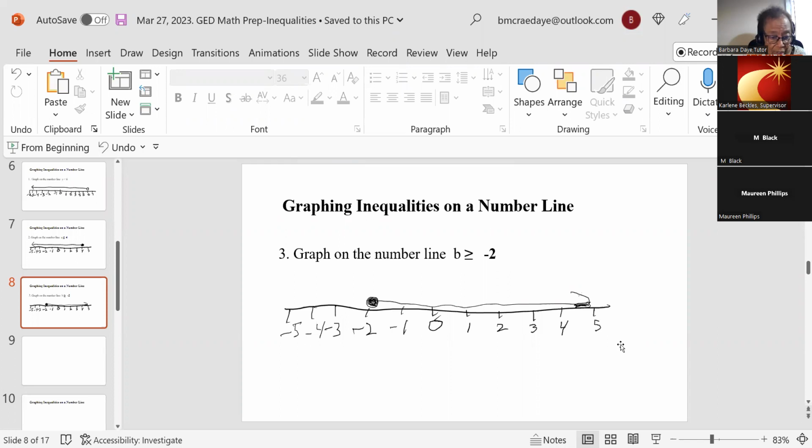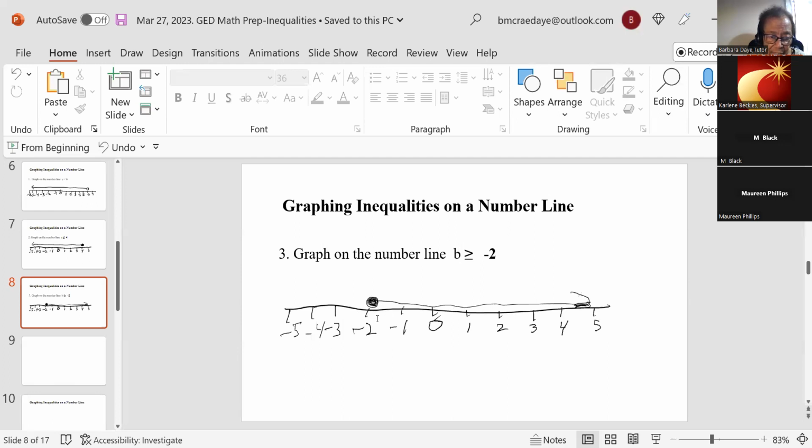Be careful with your signs, because with -2 I am on the left side of the 0 on the number line, whereas with positive I'm on the right side. So we're going to say B is greater than or equal to -2. That's what this inequality symbol is: greater than or equal.